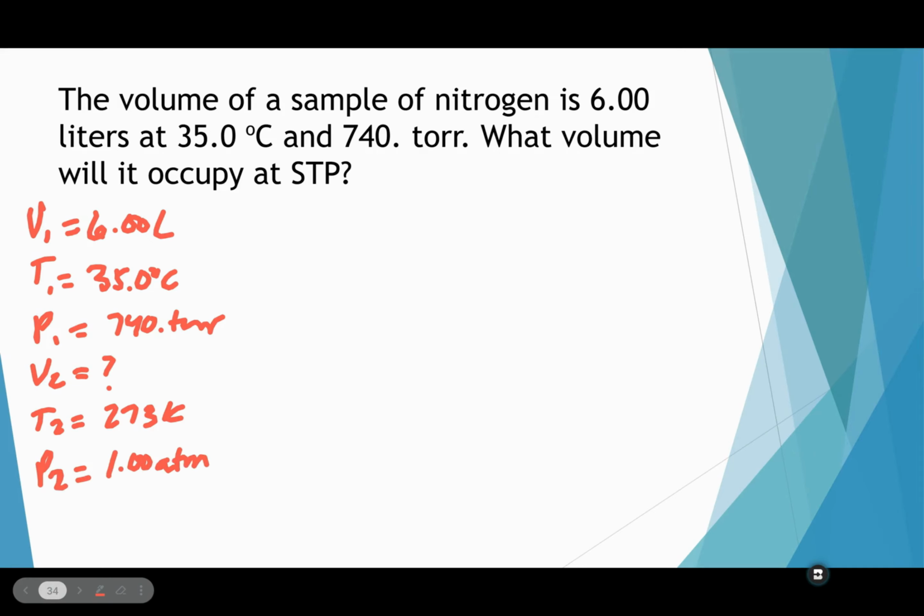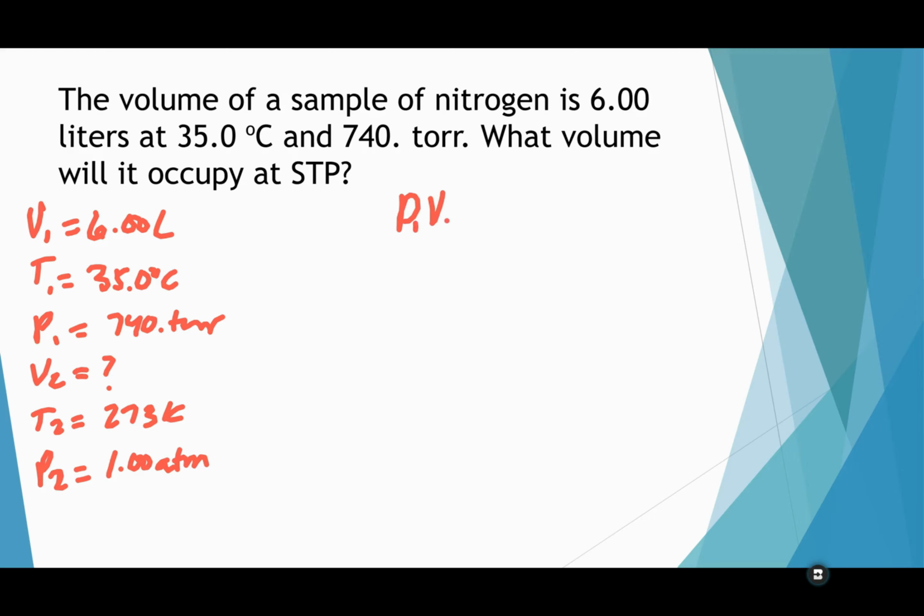Notice that this is the combined gas law, and I know this because it talks about a pressure, a temperature, a volume. I'm trying to solve for volume, but I also have STP. That means I have a temperature of 273 Kelvin and a pressure of 1.00 atm.